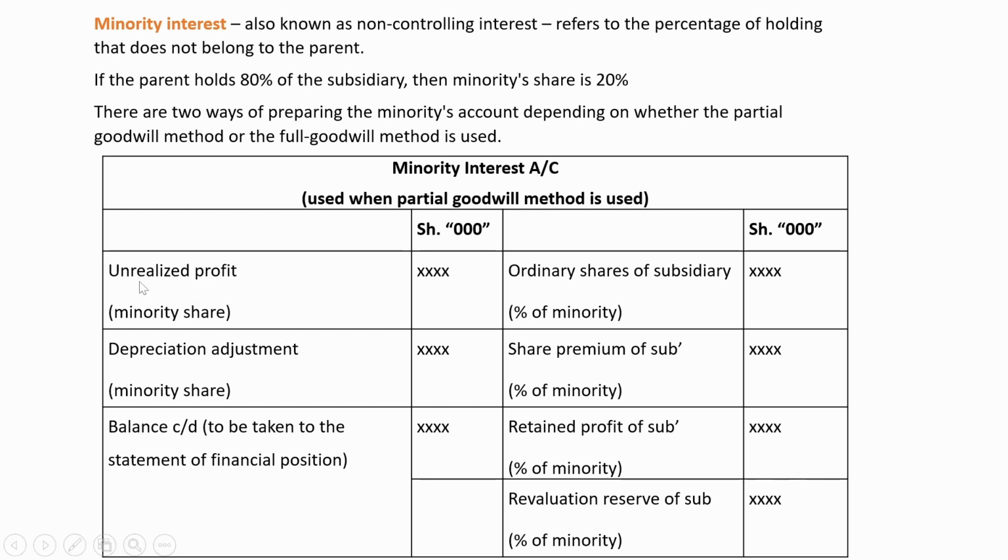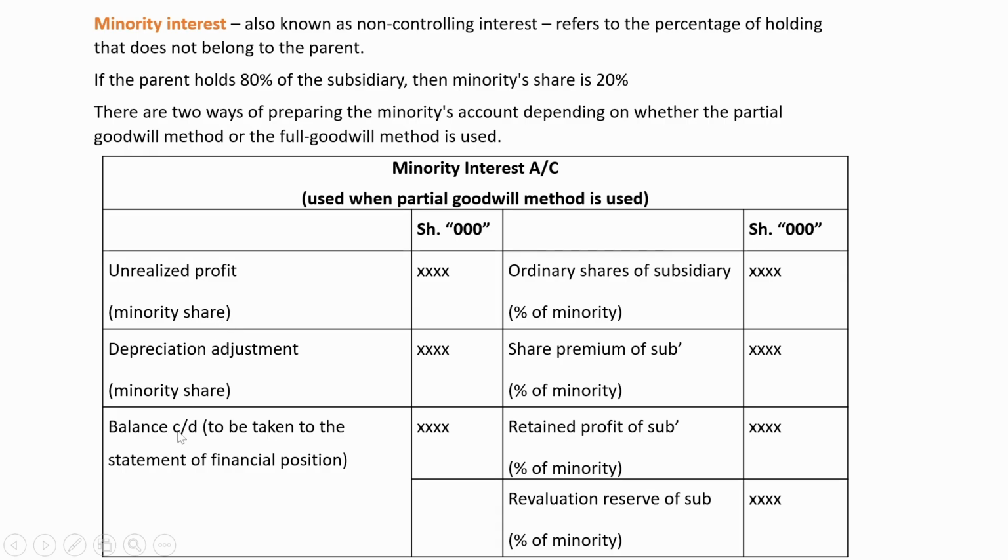For instance, we have an unrealized profit. Bring the minority's share here. Depreciation adjustment, minority's share. Any other expense that minority have a share should be debited in the minority's interest account.